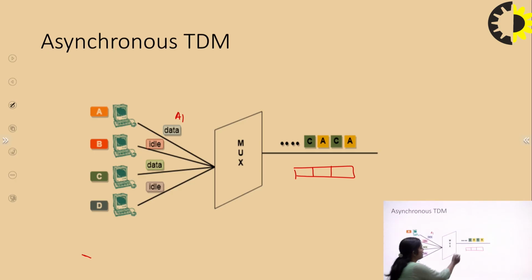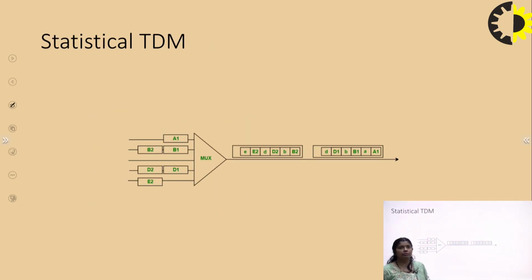Suppose we are generating 3 time slots. At the first time slot, A1 is there and the others are idle, and C has the frame C1. So I am generating only A1 and C1, and B and D are not kept vacant.